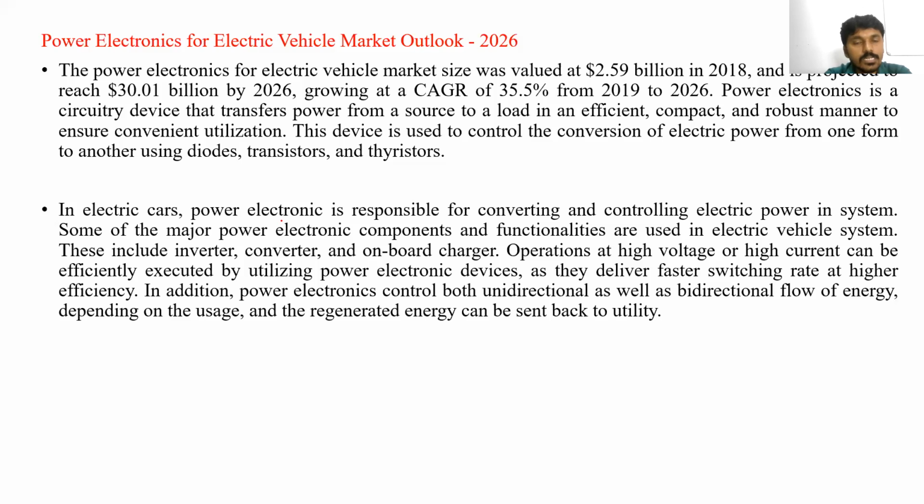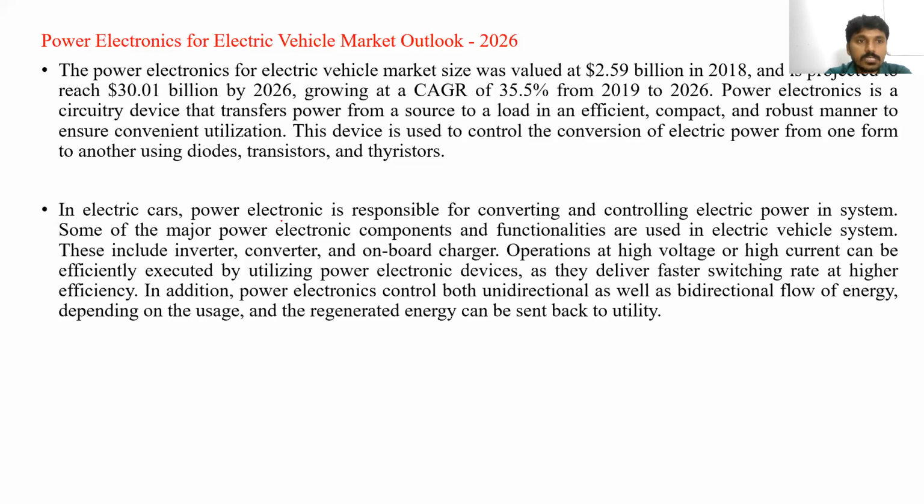It is reported by the CAGR. CAGR means compound annual growth rate, of 35.5% from 2019 to 2026. So here you can see there is a very huge market for power electronics in the field of electric vehicles.